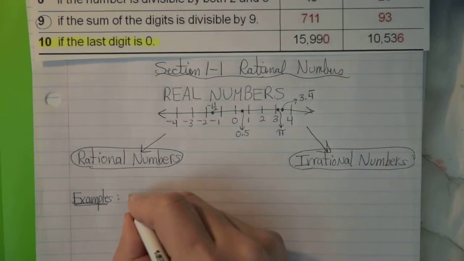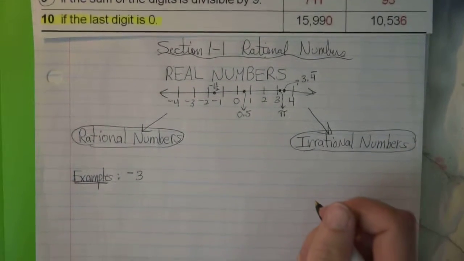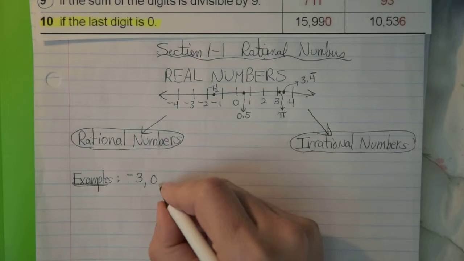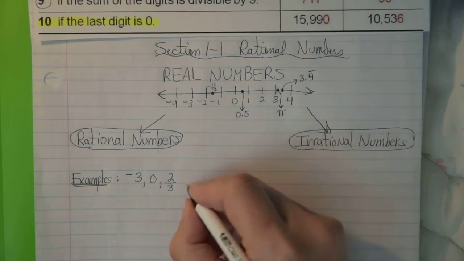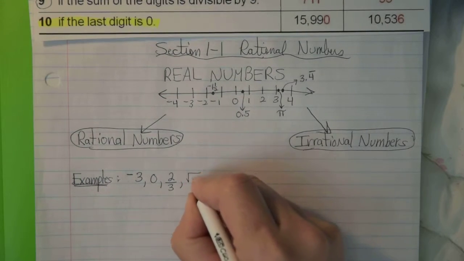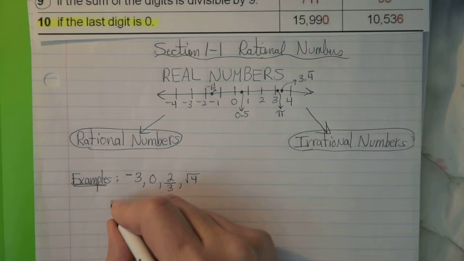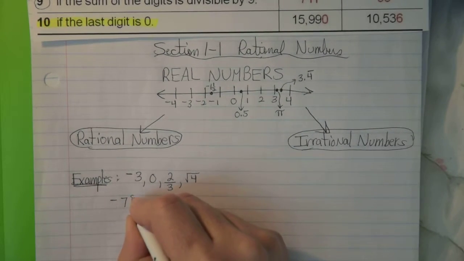So -3 is a rational number. 0 is rational. 2/3 is rational. The square root of 4 is rational. -7 8/9.